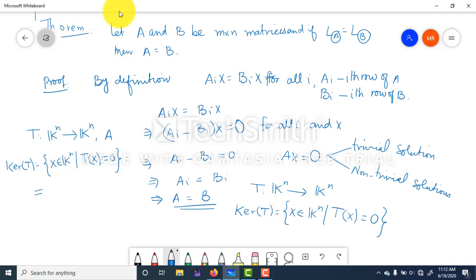If it is determined by matrix A, then this is equal to this set, and hence the kernel is the solution set of the homogeneous system. So if I associate a matrix with a mapping, say T, then the solution of this homogeneous system gives me the kernel of this transformation.